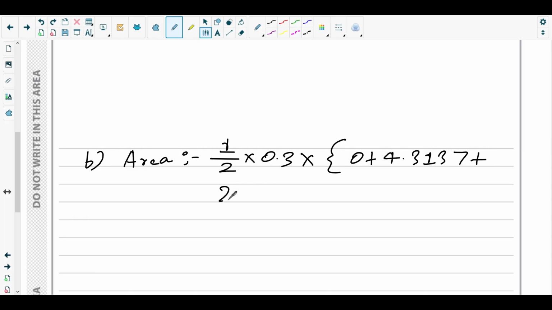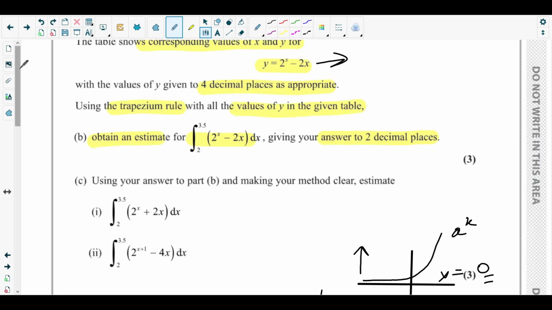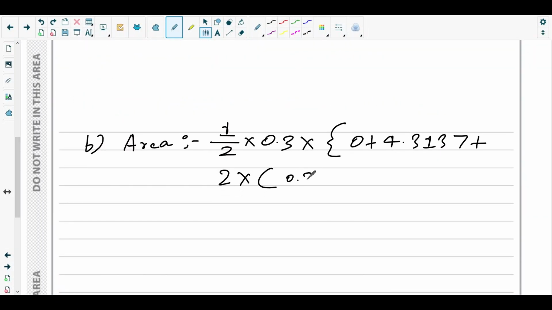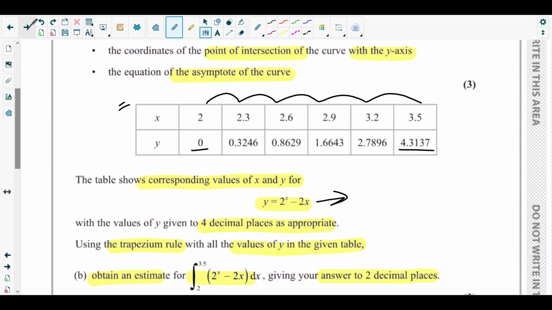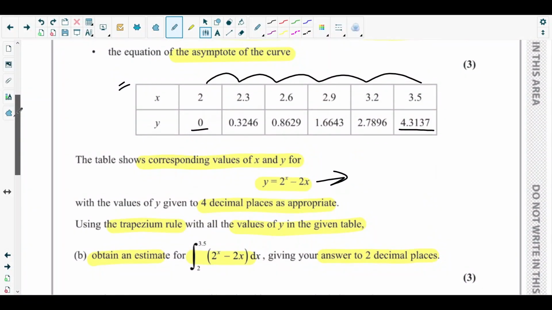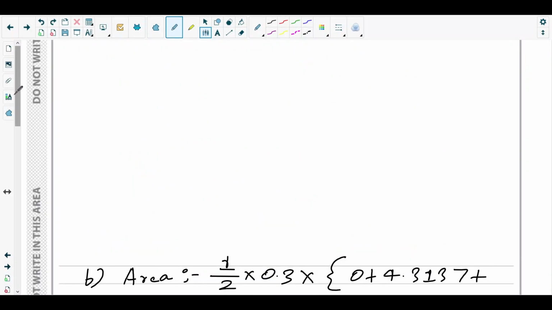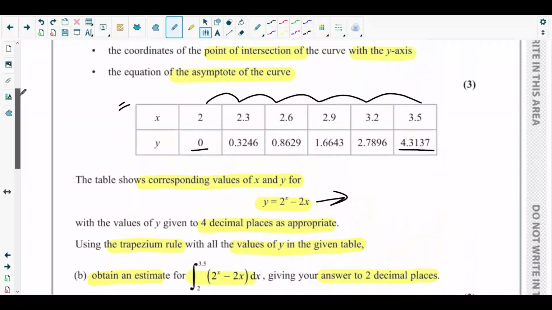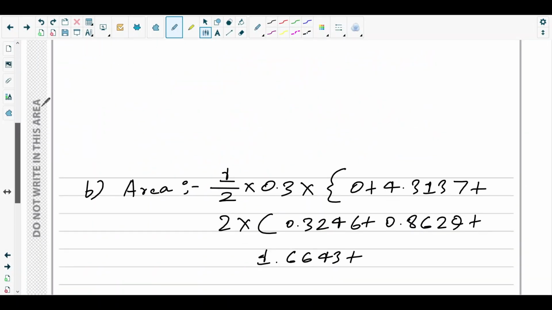plus twice the remaining strips, which are 0.3246 plus 0.8629 plus 1.6643, and at last 2.7896.